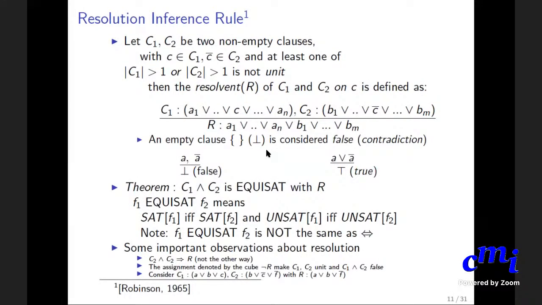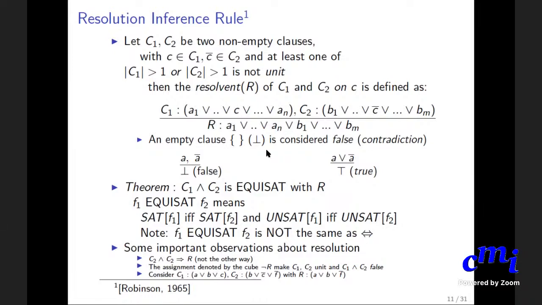Now, when you apply a resolution, I said equisat. A more direct way of saying what the relationship between the resolvent and the original set of clauses is: the resolvent is implied by the conjunction of the original two clauses. That is, C1 and C2 always implies R. But it's not necessarily true the other way around.